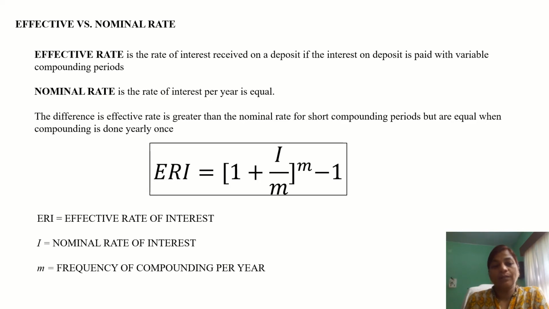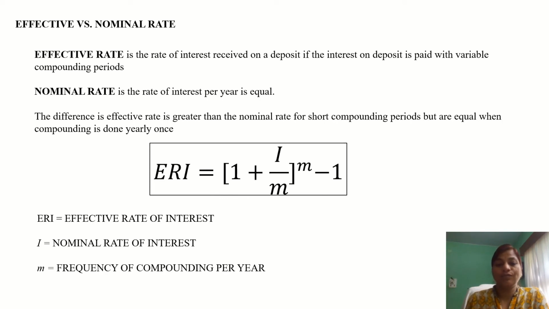So what is the nominal rate? The nominal rate is the rate of interest which is equal per year. For example, take a savings bank account, where the interest paid per year is the same, it won't vary. So what is the difference? You can identify the difference between these two rates in short compounding periods.